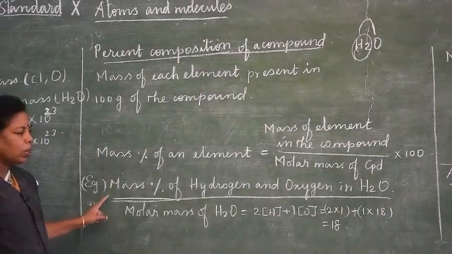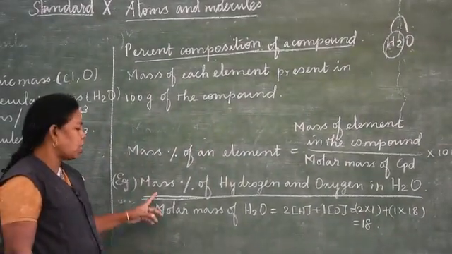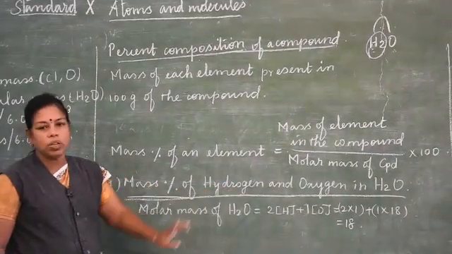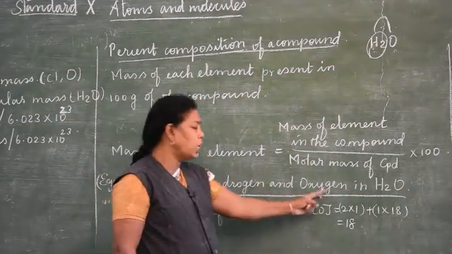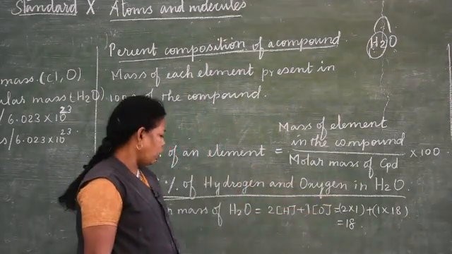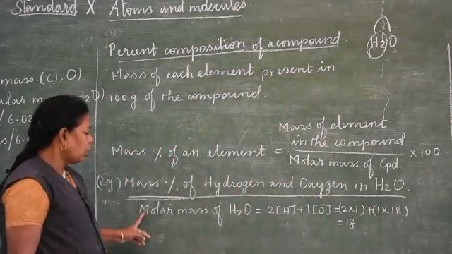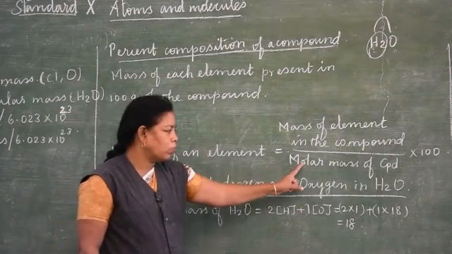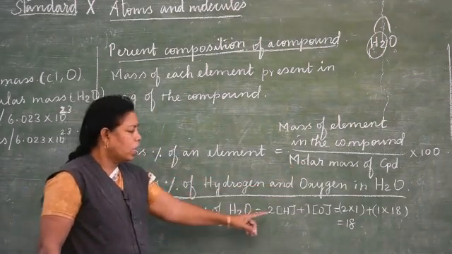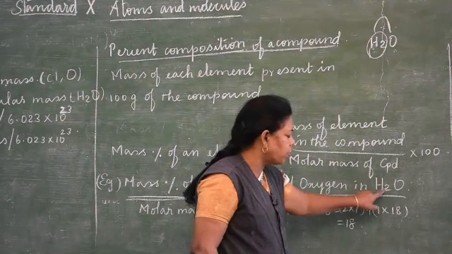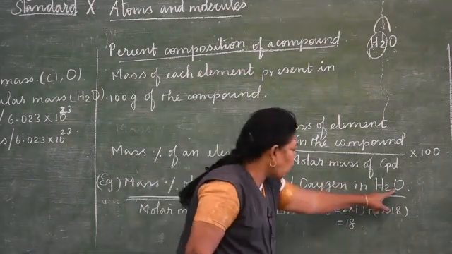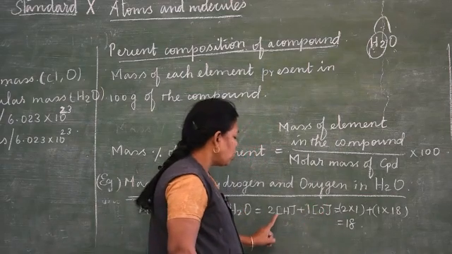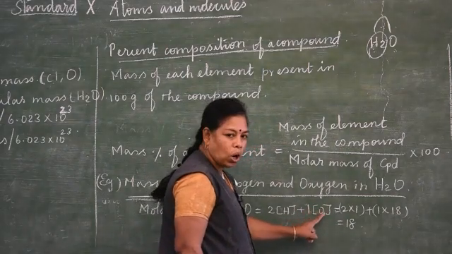Now, we are going to find the mass percentage of hydrogen and oxygen in water. First we have to find the molar mass of the compound. A water molecule contains 2 hydrogen atoms and 1 oxygen atom.